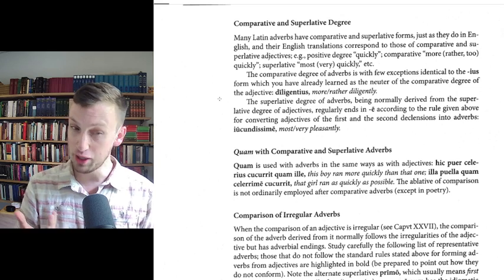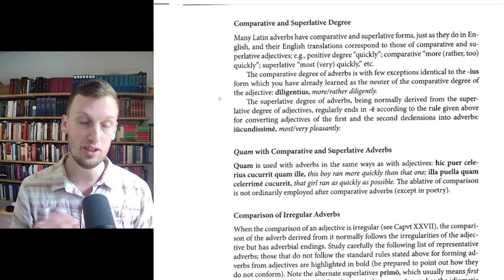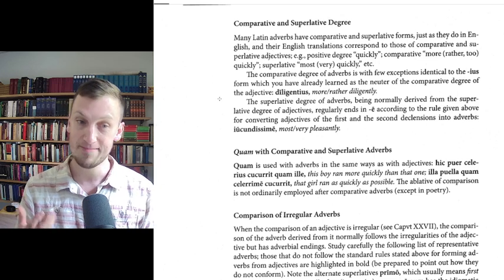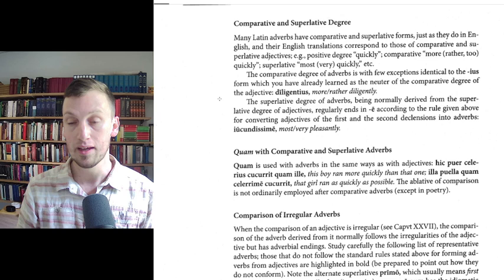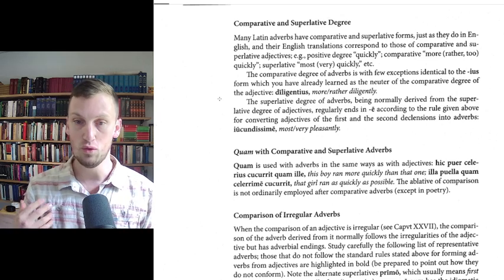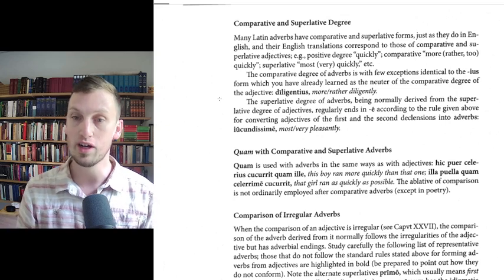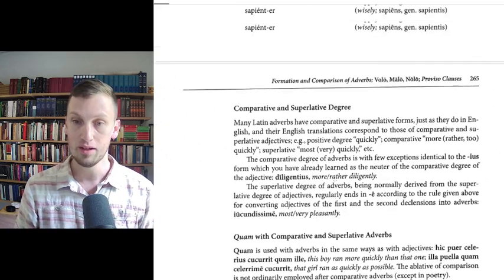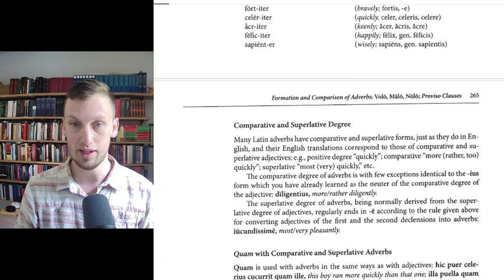This is actually a bigger rule. We'll find later that you can use accusative singular neuters as adverbs, sometimes just for fun. And that's what's going on here with the comparative. So the word diligentius is the one they gave, would be more diligently, rather diligently. More diligently than someone else.